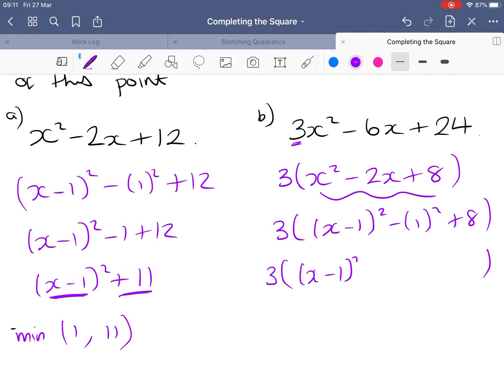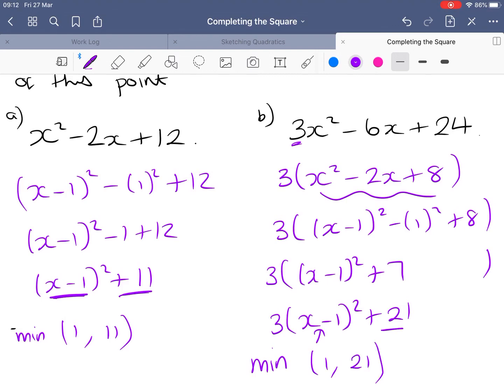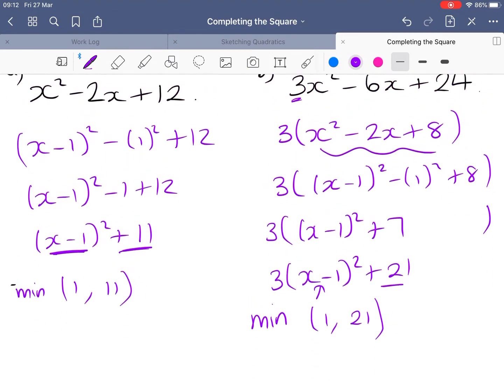X minus 1 squared minus 1 plus 8 is going to be plus 7. And put the 3 back in. 3 bracket x minus 1 squared plus 21. So my minimum point, again, is when this is 0. So when x is 1, my minimum point is going to be at 21. Okay?